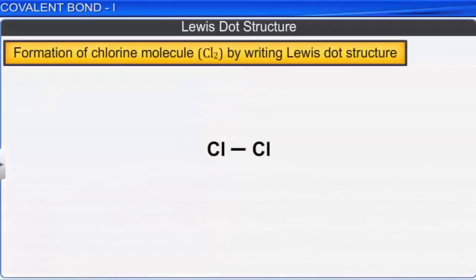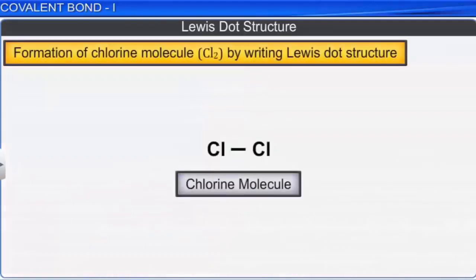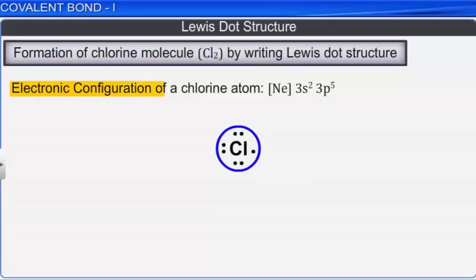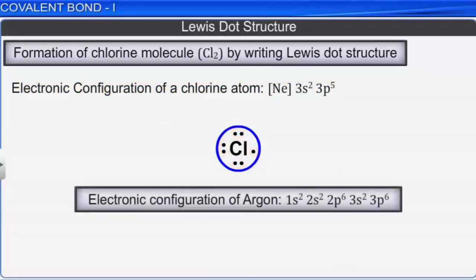Let us understand the formation of a chlorine molecule by writing the Lewis dot structure. The electronic configuration of a chlorine atom is neon 3s2 3p5. It has 7 electrons in its valence shell. Hence, it needs one more electron to attain the nearest inert gas configuration of argon.